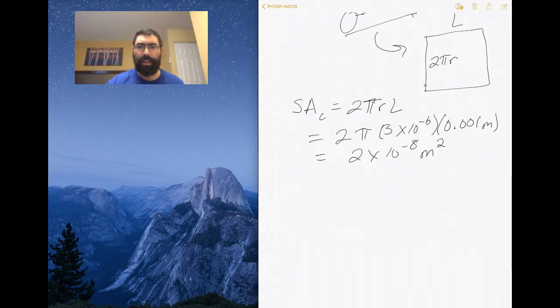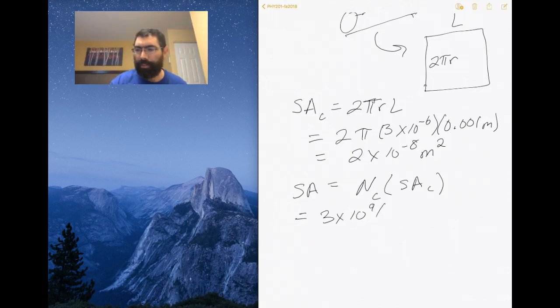To find the total surface area of all capillaries together, we take the number of capillaries times the surface area of a single capillary, which is 3 billion capillaries times 2 times 10 to the minus 8 meters squared, which turns out to be 6 times 10 to the 1 meters squared, or 60 meters squared.